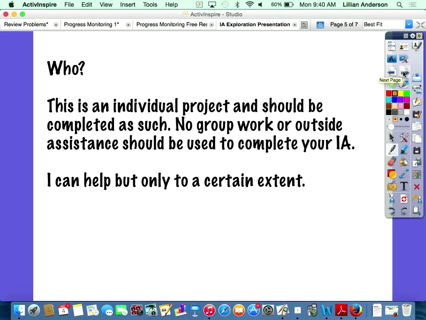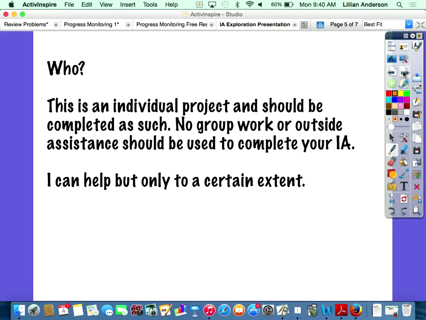This is an individual project and should be completed as such. Group work or outside assistance is not to be used when you complete your IA, okay? It's different getting somebody to edit your paper and getting somebody to write your paper. That's a big difference, okay? Also, if you are going to do something that is database driven and someone else is collecting your data, that's not allowed, okay?